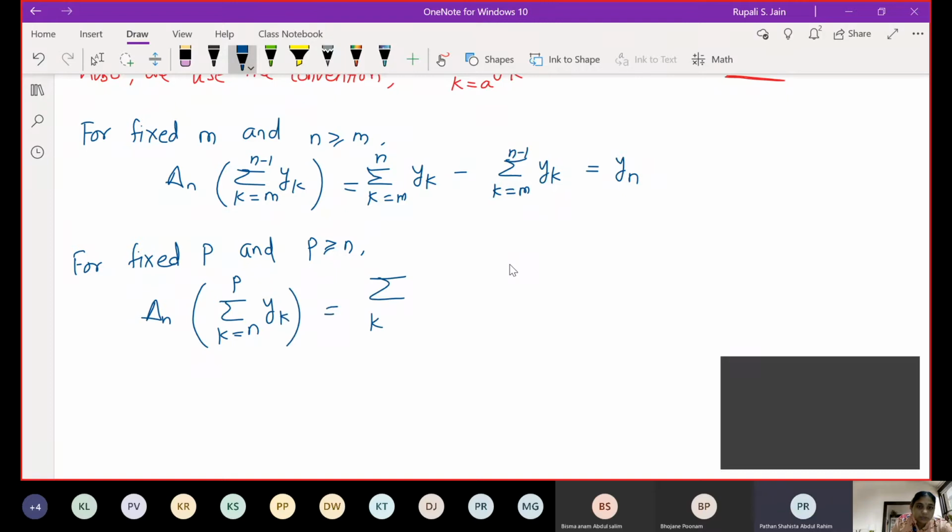It is summation k equals n plus 1 to p, p is fixed, y_k, minus summation k equals n to p of y_k. So what will remain? y_n plus 1.